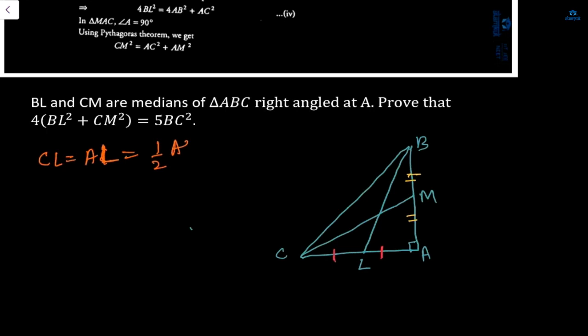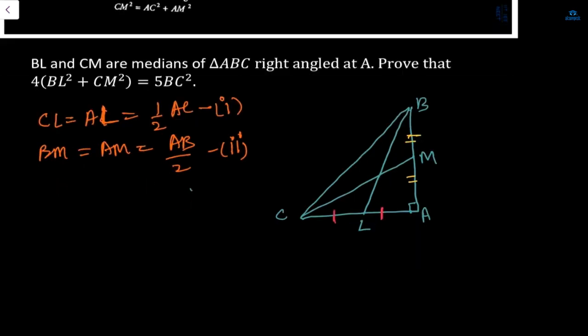Take this as first, and similarly for BA, that is BM equals AM equals half of AB. Understood?